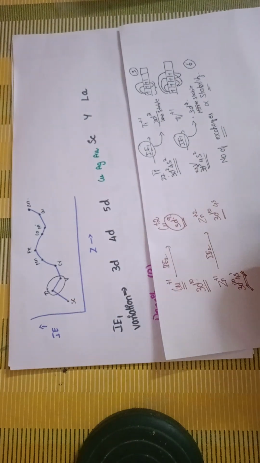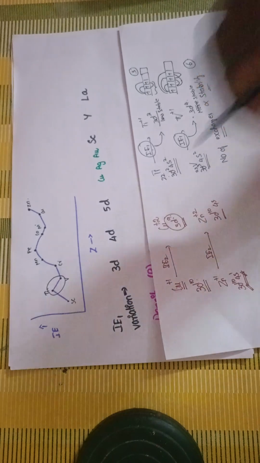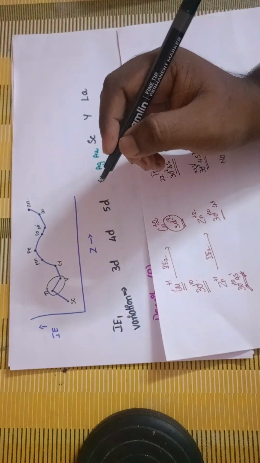Now ionization energy varies group wise: 3D, 4D, 5D series. This is a very important thing.